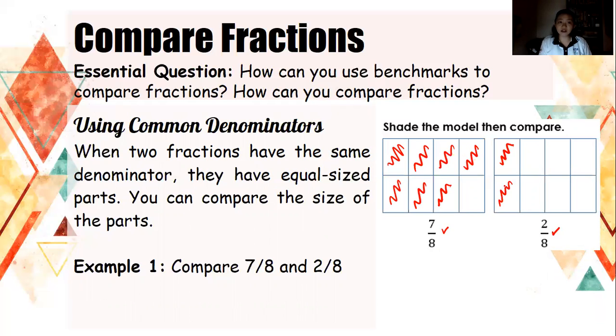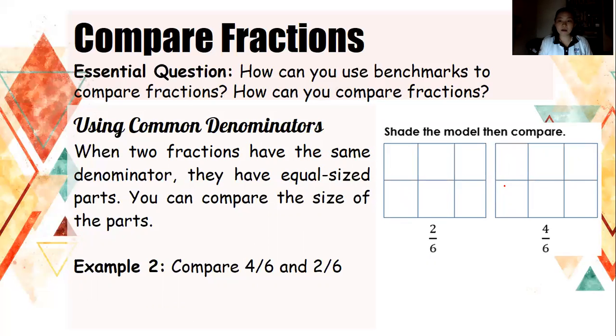Now, it's easier for us to compare common denominator fractions because we can say directly that as the numerator increases, the value also increases. Not unlike if we have common numerators, where you need to check which fraction has bigger portions when cut. Okay?